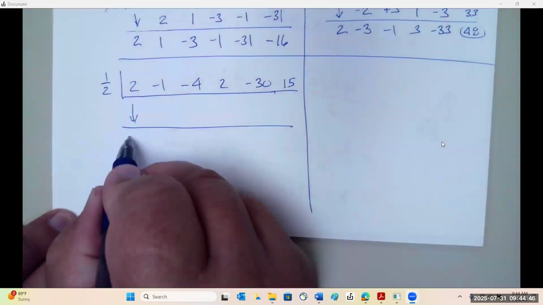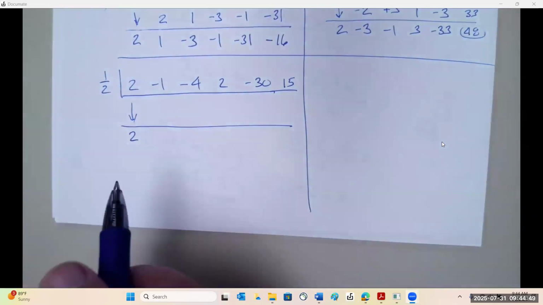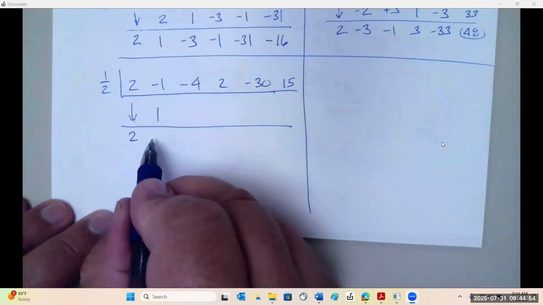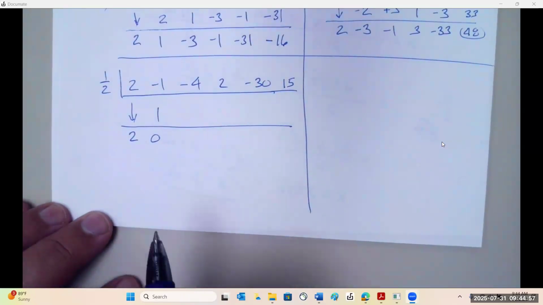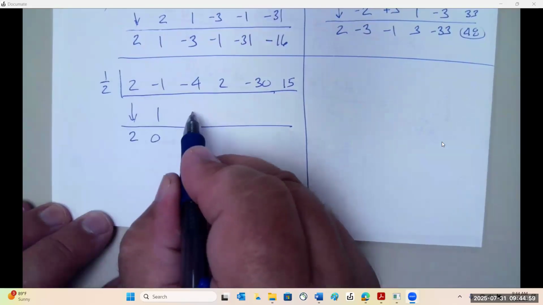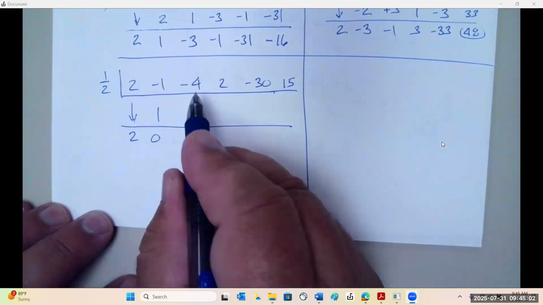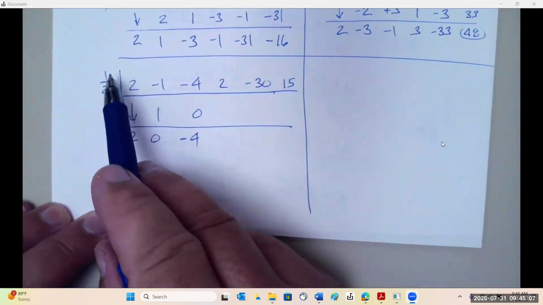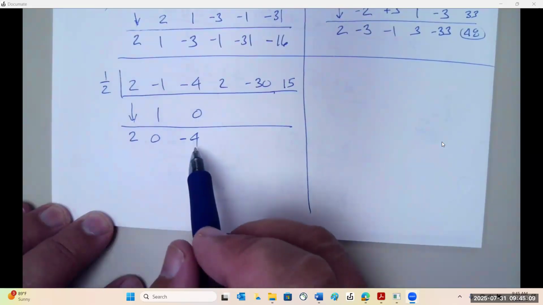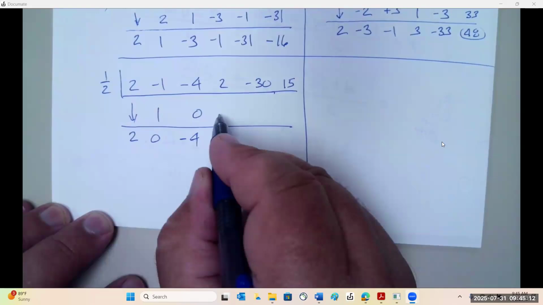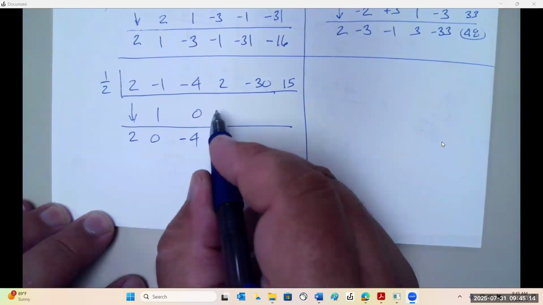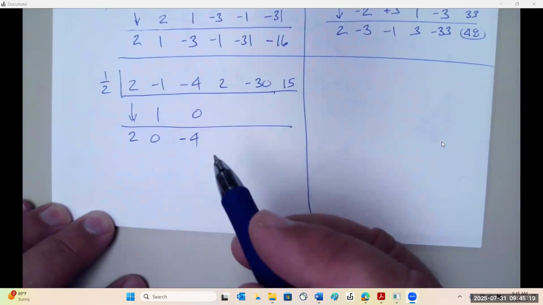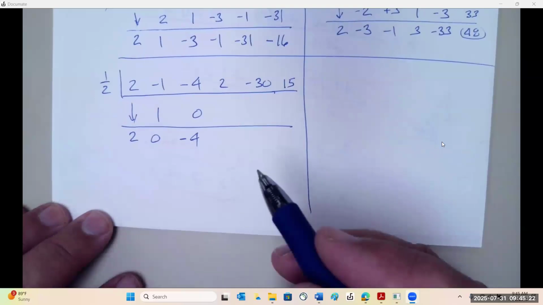So bring down the first one. 1/2 times 2 is what? It's positive 1. Negative 1 plus 1 is 0. 1/2 times 0 is 0. Negative 4 plus 0 is negative 4. Half times negative 4 is, what's 4 divided by 2? What is it?